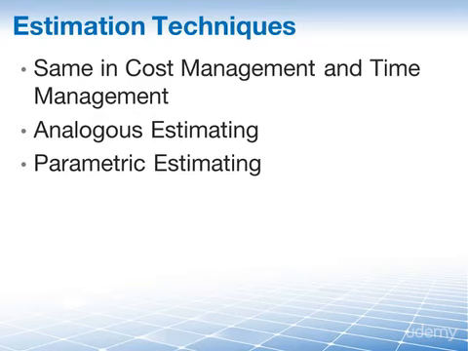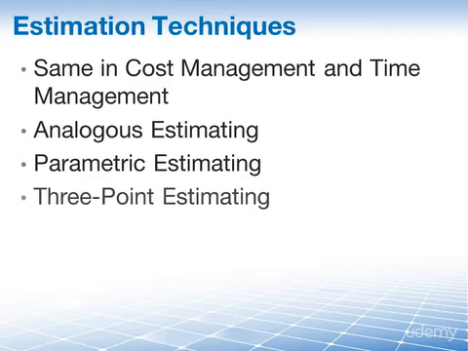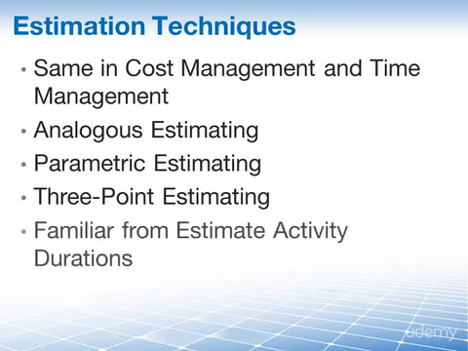In other words, 2 meters of cable cost X, which means that 200 meters of cable will cost you 100 times as much. We also have 3-point estimating, which uses the most likely, most optimistic, and most pessimistic costs to approximate a cost range. Similar to 3-point estimates for time, 3-point cost estimates can use triangular or beta distribution to calculate expected costs. These 3 techniques should look familiar to you from the lessons on estimate activity durations.